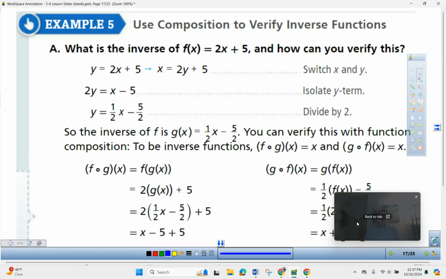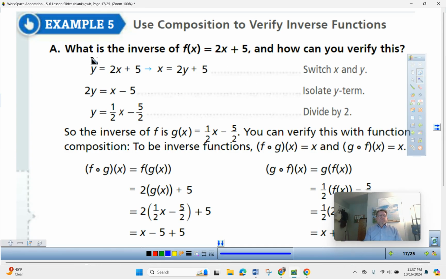Right, now example 5. We're going to use composition to verify inverse functions. This is what we did yesterday in the previous section. We talked about doing composition of functions. One of the primary reasons for all this function notation is so that we can verify two things are inverses, and this is how you do it algebraically.